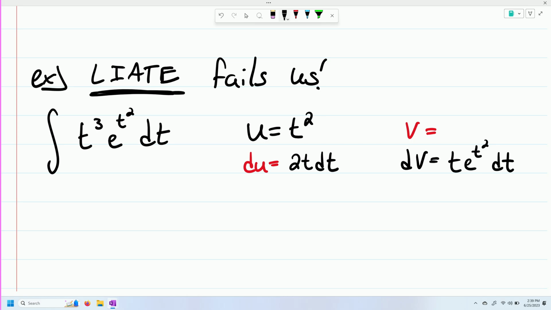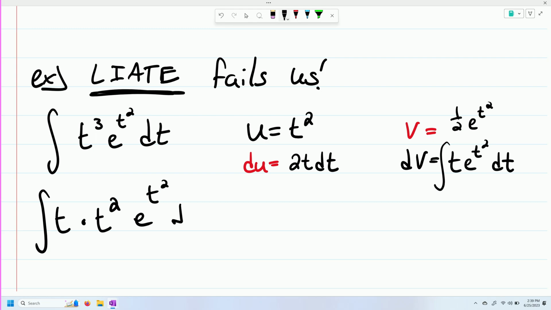And when we integrate this, we end up getting 1/2 e to the t to the second by using u substitution. So here's what I did. That t to the third, I just separated it as t times t to the second and rewrote it like this.